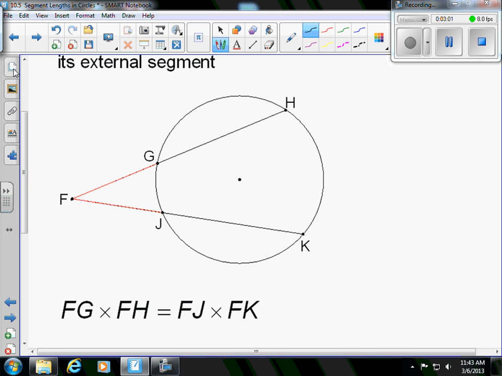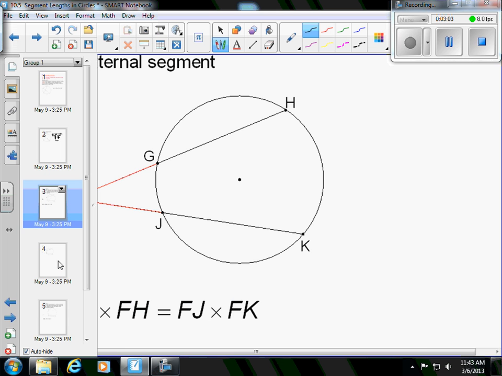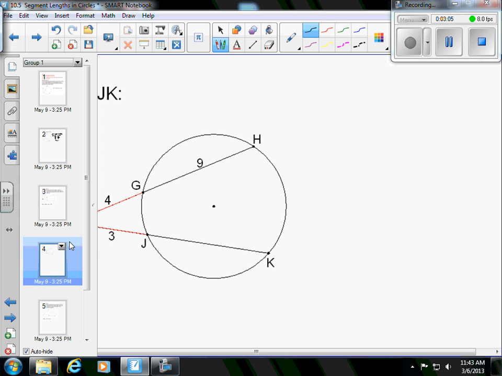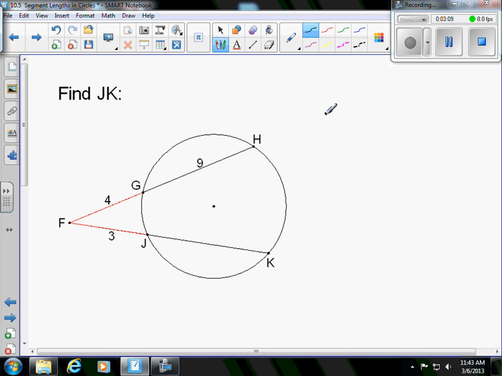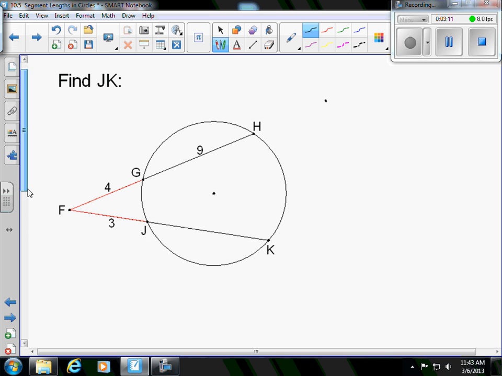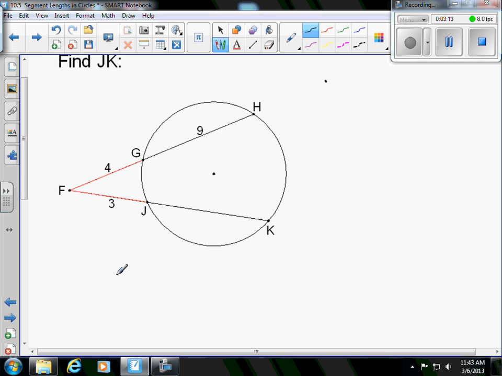So we're going to be using that formula. So let's say that we want to find JK here. Well, according to our formula, we have that FG times FH is equal to FJ times FK.